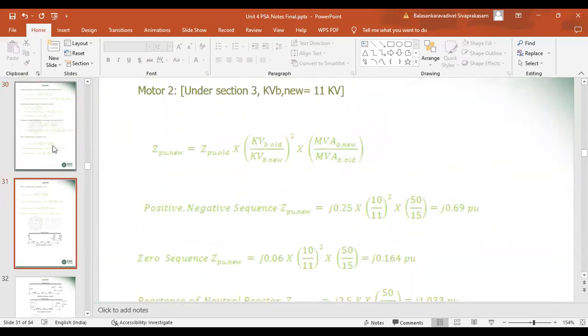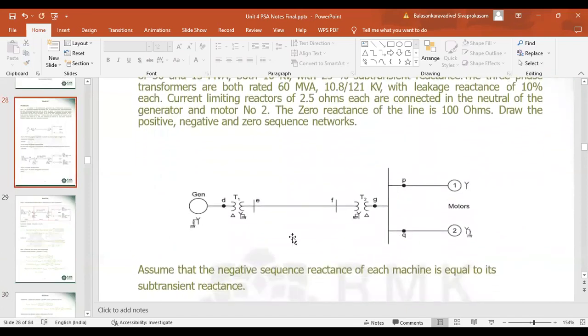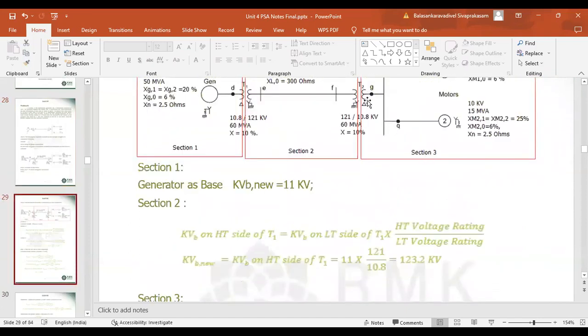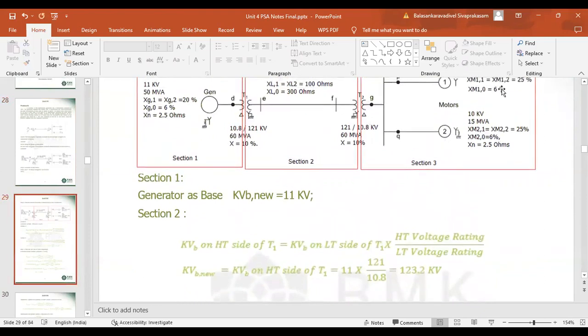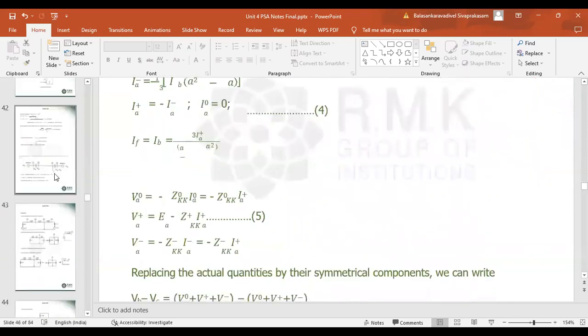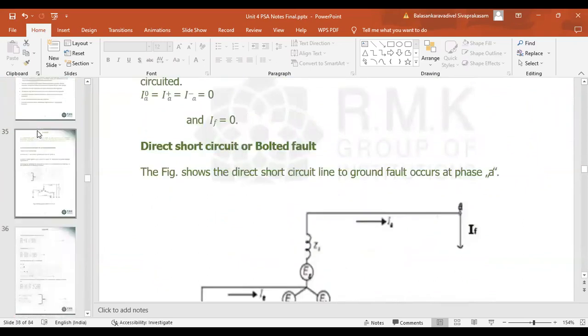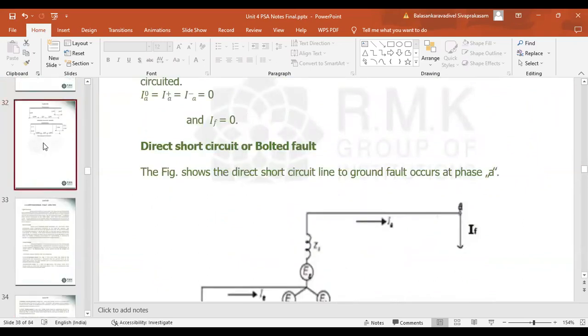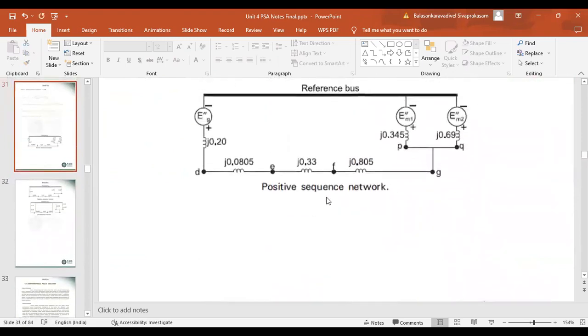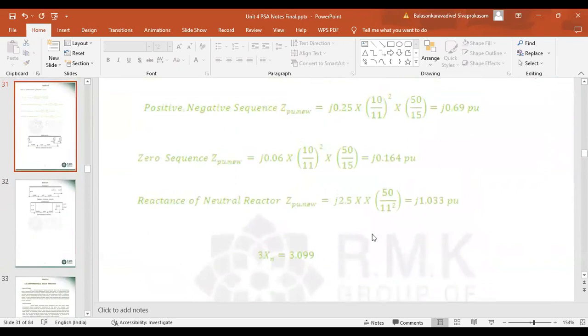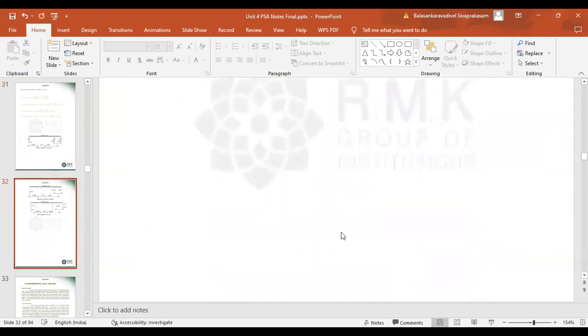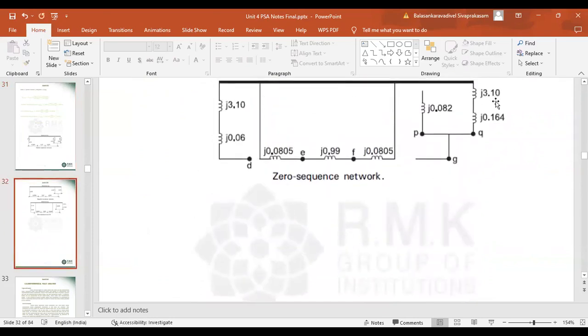So we have three components actually. Here in the secondary side we have three components. One is transformer 2, and the second is motor M1 and motor 2. So for motor 2, what is the reactance? Motor 2, the reactance is 3.099. 3.099 is nothing but approximately 3.1.